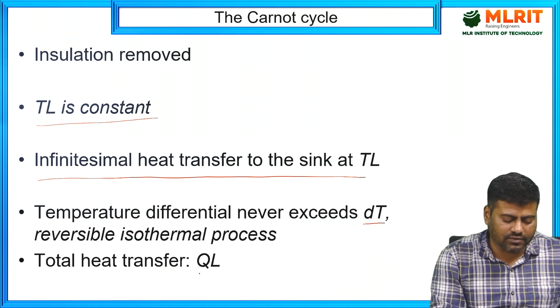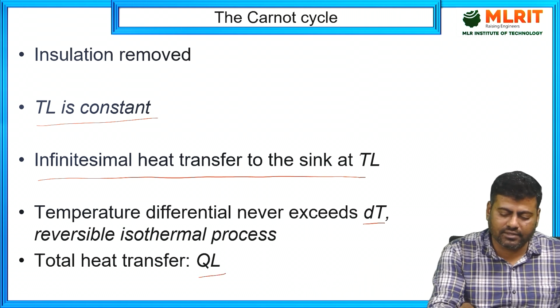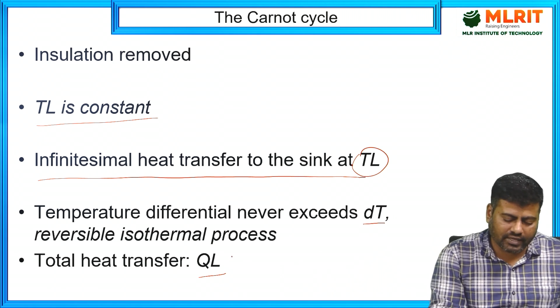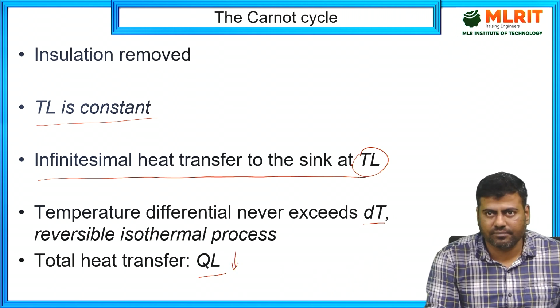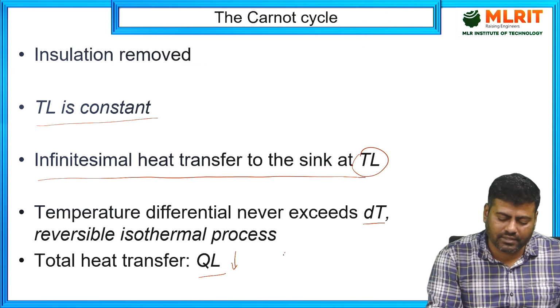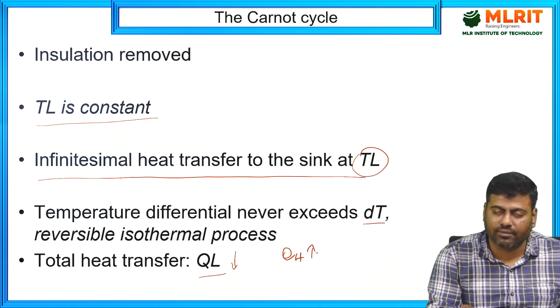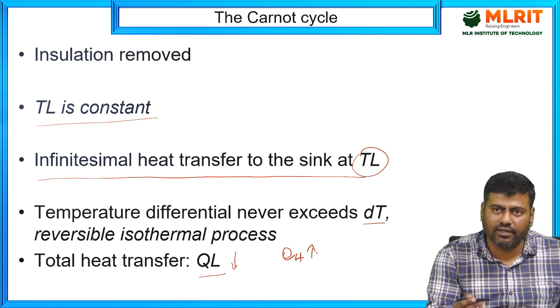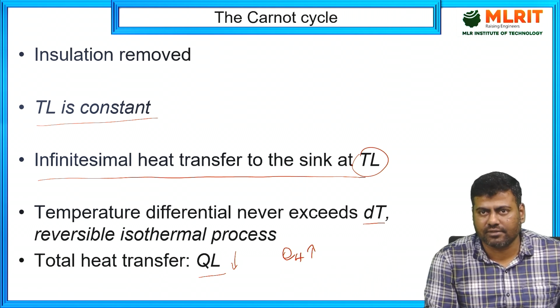The total transfer is QL. If I maintain a very low TL, I can minimize the QL losses, the heat rejection. Similarly, if I maintain the same TH, I can maximize QH in the 1 to 2 process, so that I can increase the efficiency for the ideal case.